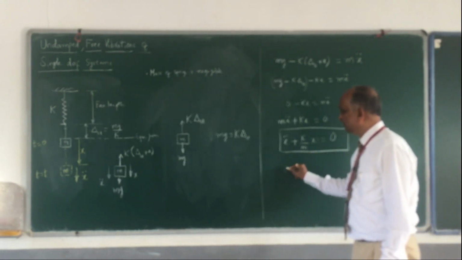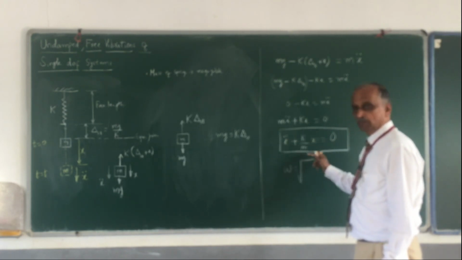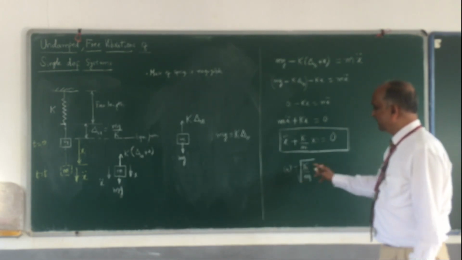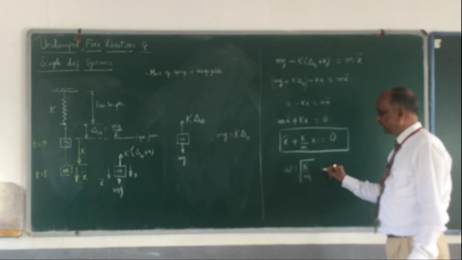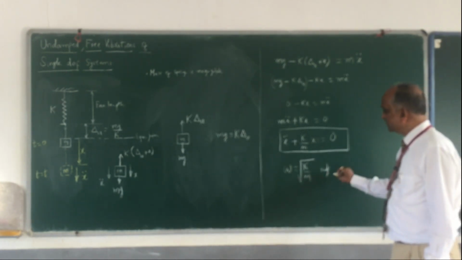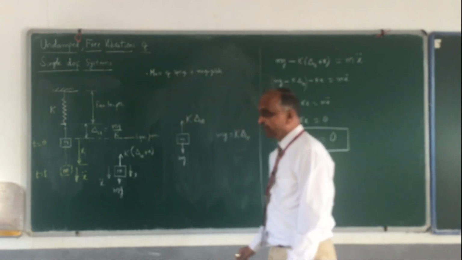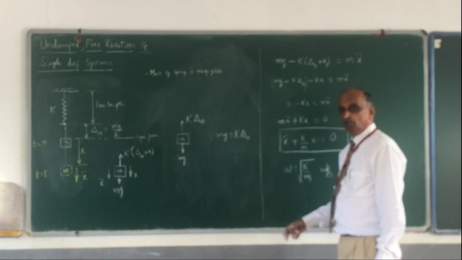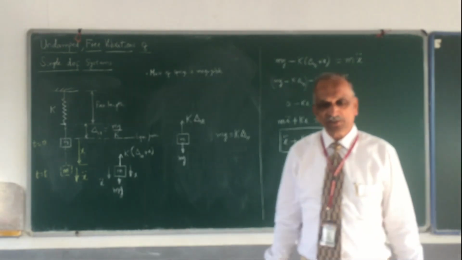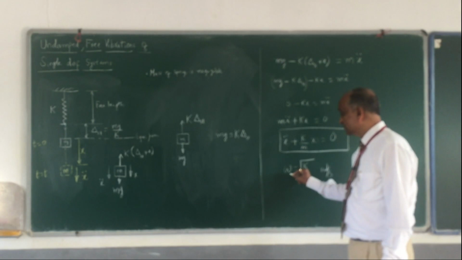And if it is simple harmonic, what is omega? Omega is the root of this term, that is equal to k by m. The unit of omega is radians per second. It is omega of free vibrations, and the frequency of free vibrations is known as natural frequency.